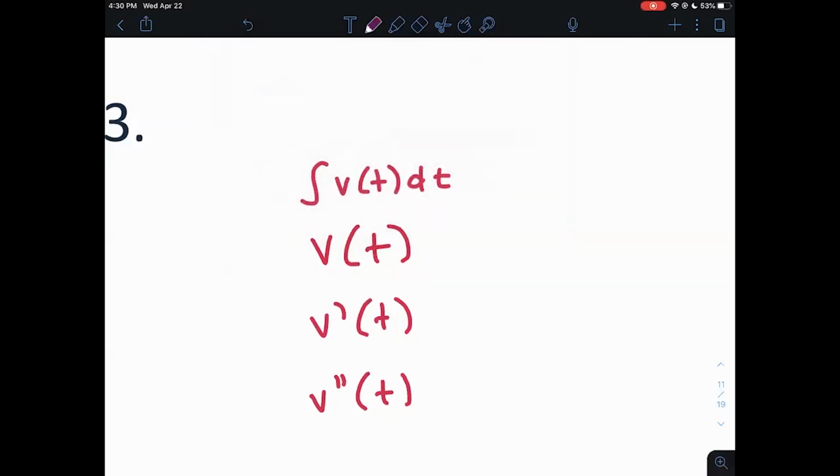Now, think about what you know from physics, what you know from kinematics and calculus. We know that velocity is the derivative of position, and we know that acceleration is the derivative of velocity.